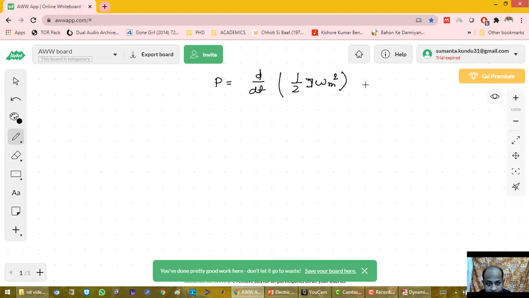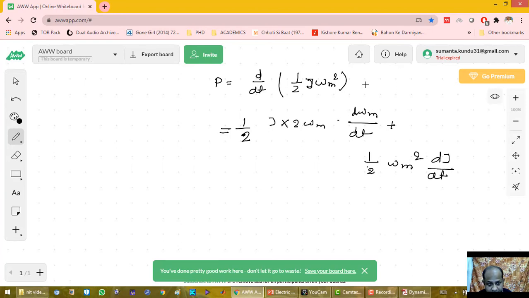So what is the derivative? Half will come outside, so d/dt of uv: half J into 2 omega m d omega m/dt, plus half omega m square d/dt of J.